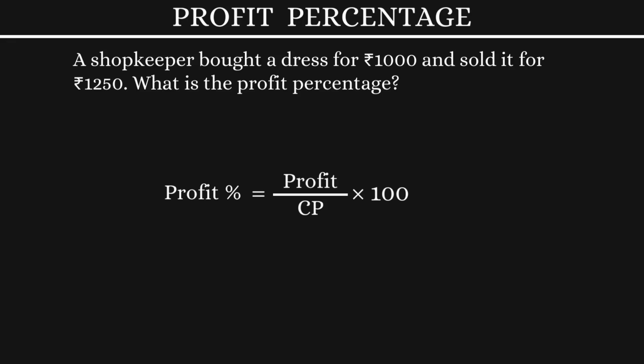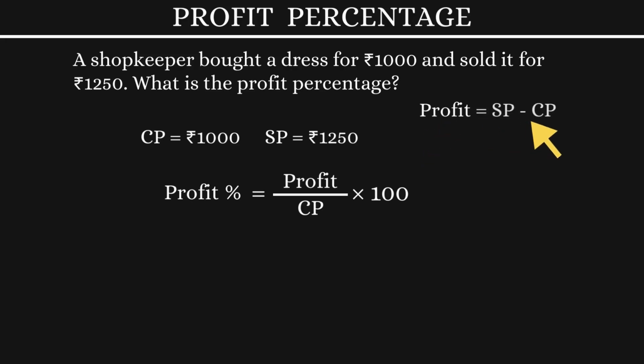Here we are given the cost price as rupees 1000 and the selling price as 1250. From this, we can calculate the profit to be selling price minus cost price, which is 1250 minus 1000, and that is 250.